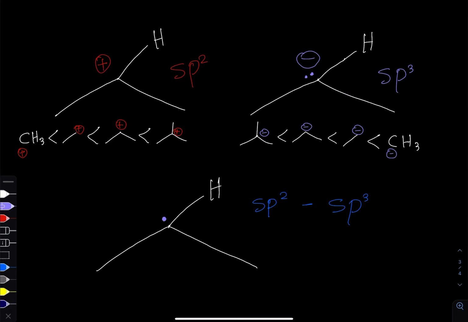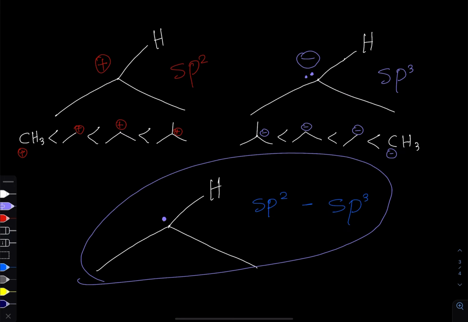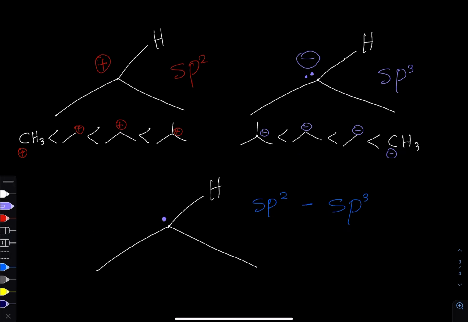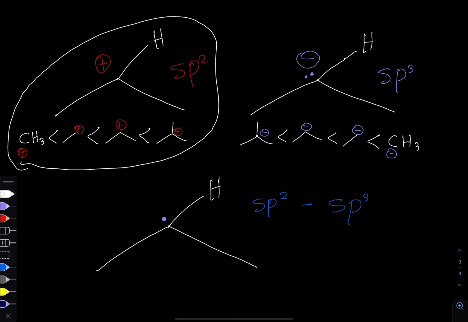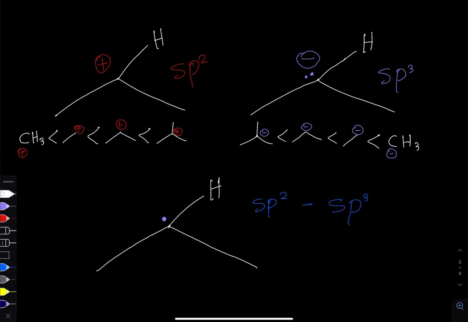Now, what is the stability pattern of a radical? The radical is in between, but it's actually going to be a little bit more similar to a carbocation. Therefore, it's going to follow the carbocation trend.